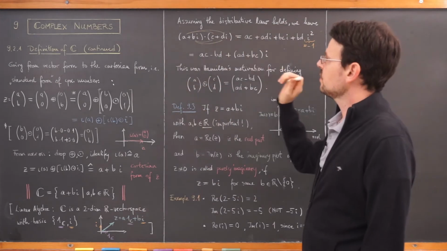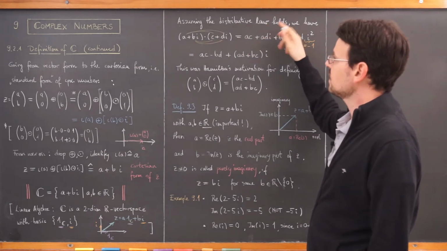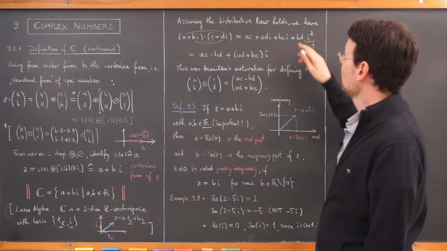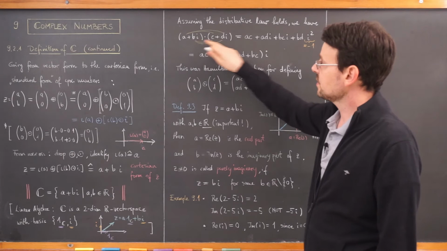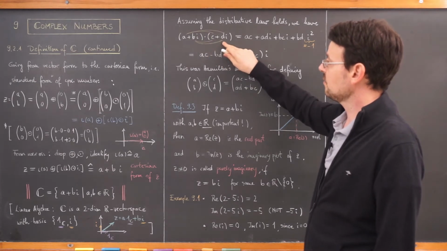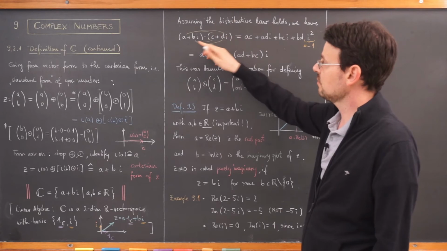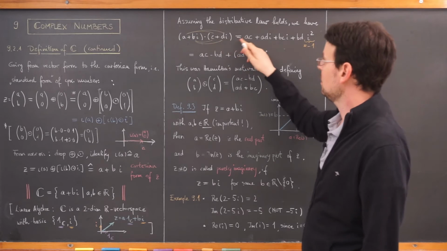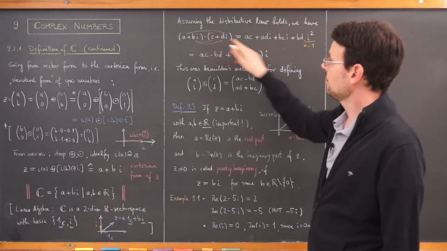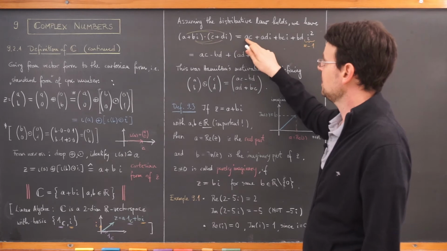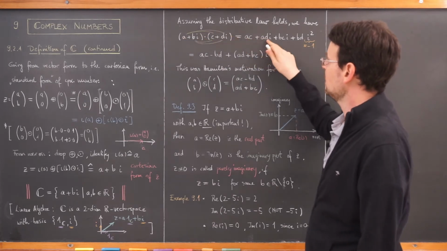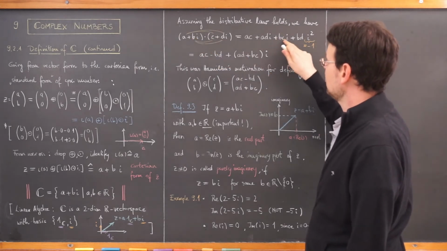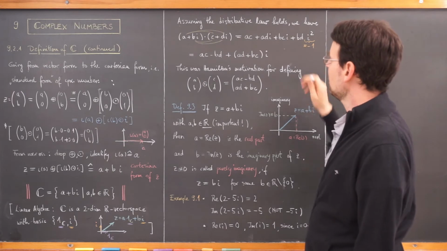Now, if we assume that the distributive law holds in the complex numbers, I'm going to prove all that a little later, then we can multiply two complex numbers in Cartesian form as follows. We simply use the distributive law, so we multiply here and here and here and here and add all these things up. Then we obtain a times c plus a times d times I plus b times I times c, which I write as bc times I using the commutative law.